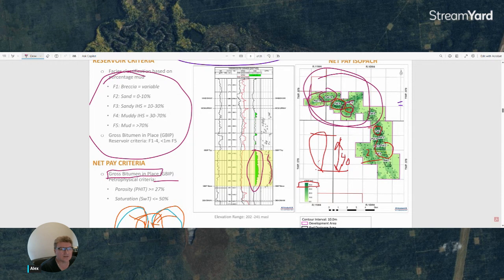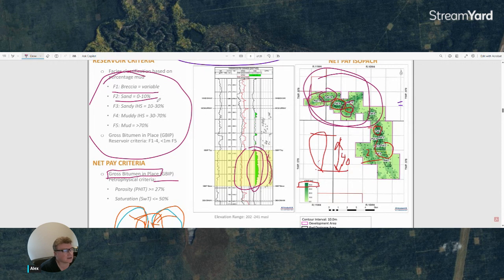A different way of saying that is that they could have various heterogeneous geology, porosities or permeabilities, and also mud content. So what you can see here is that F1 is classified as breccia, so variable mud. F2 is sand, which is what you want, which is what you see here. So that's 0 to 10%.